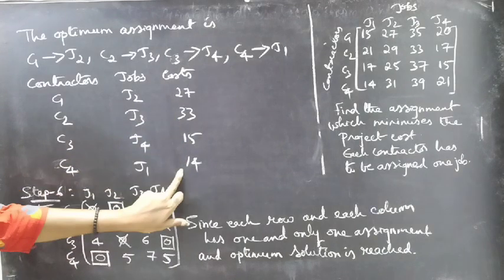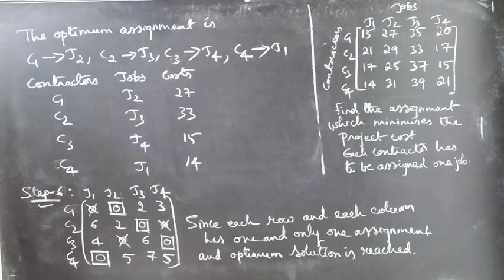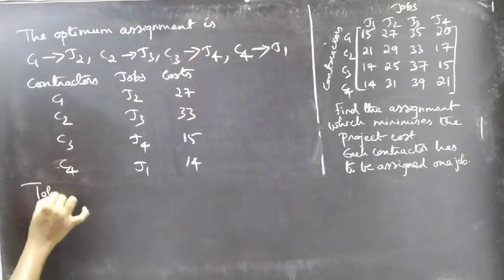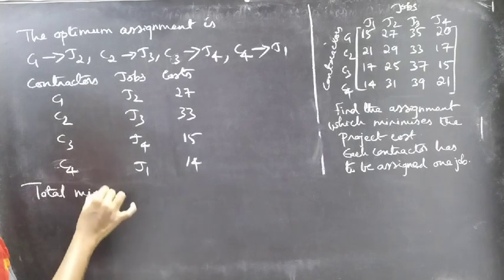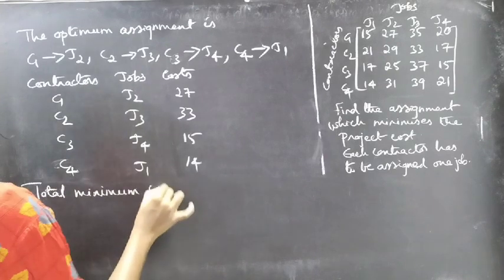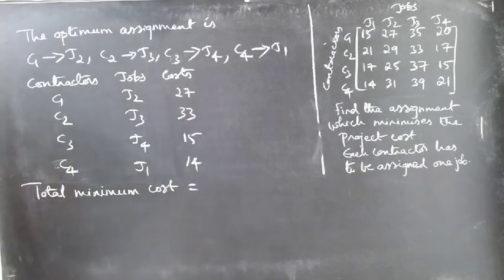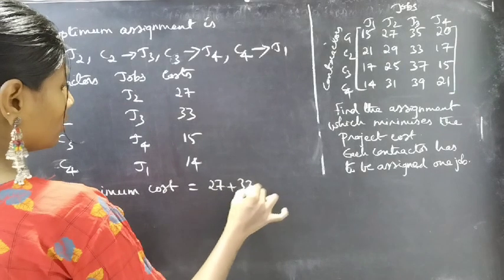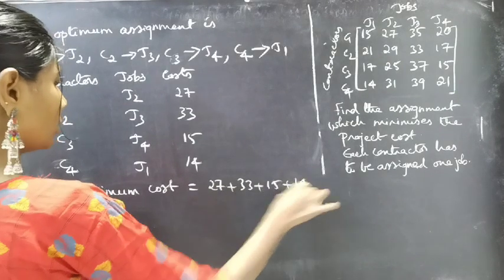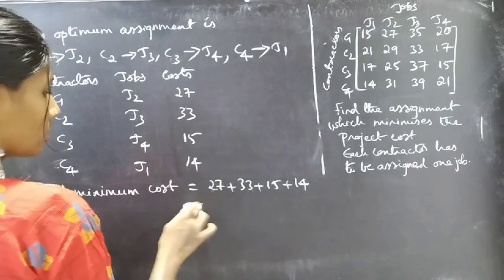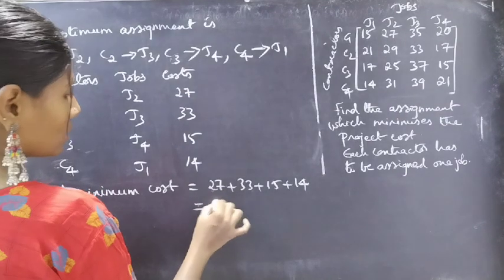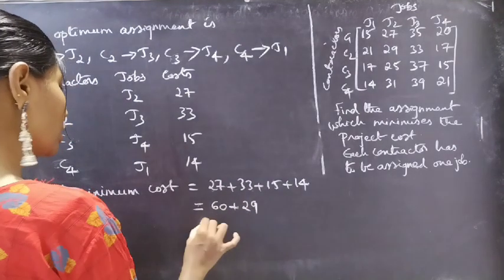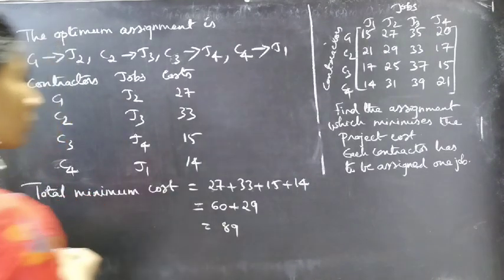So we'll add all these costs to get the total minimum cost. Total minimum cost equals 27 plus 33 plus 15 plus 14. 27 plus 33 is 60, 15 plus 14 is 29, which makes 89.